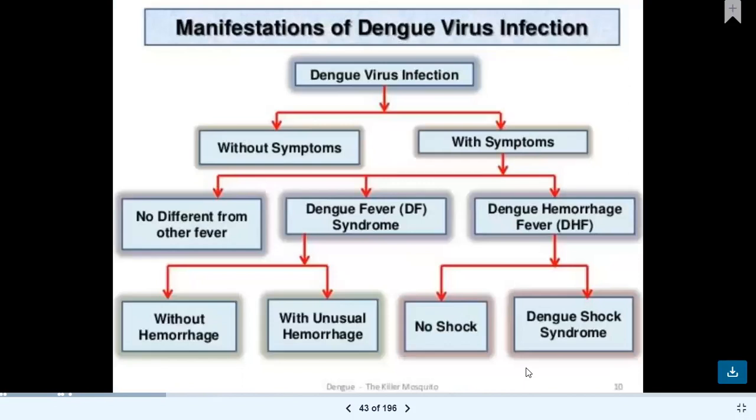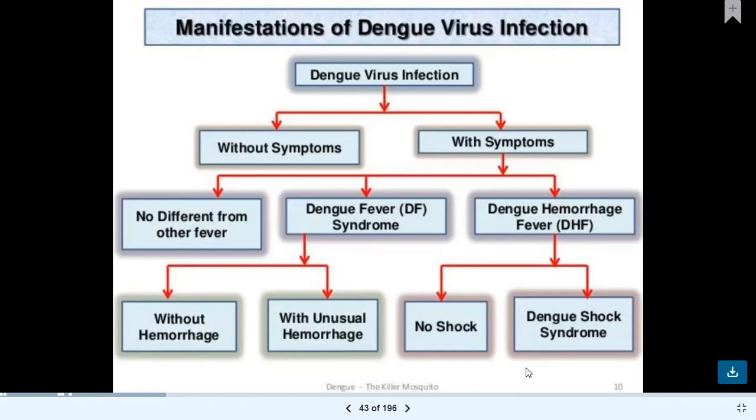Now, what are the manifestations of dengue virus infections? There are two types: with symptoms and without symptoms. If we talk about with symptoms, we can characterize them into three more parts: undifferentiated fever, dengue fever with syndrome, and dengue hemorrhagic fever, which is also a clinical manifestation that comes under infection with symptoms.